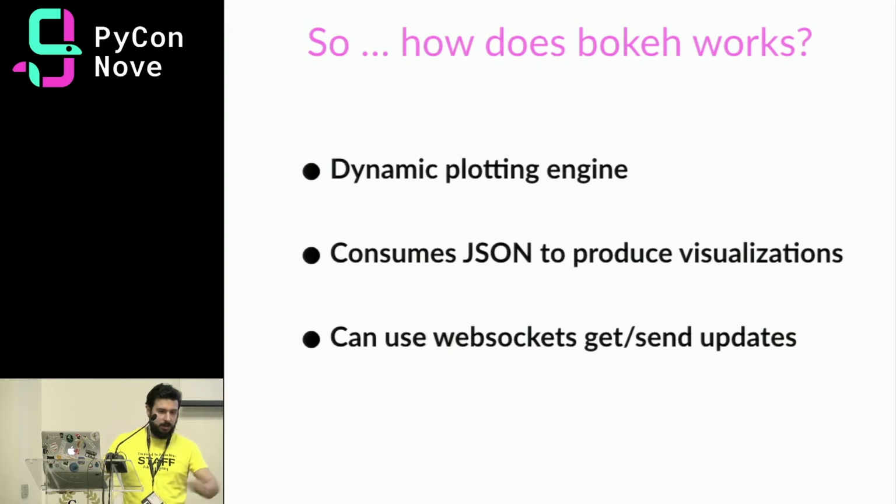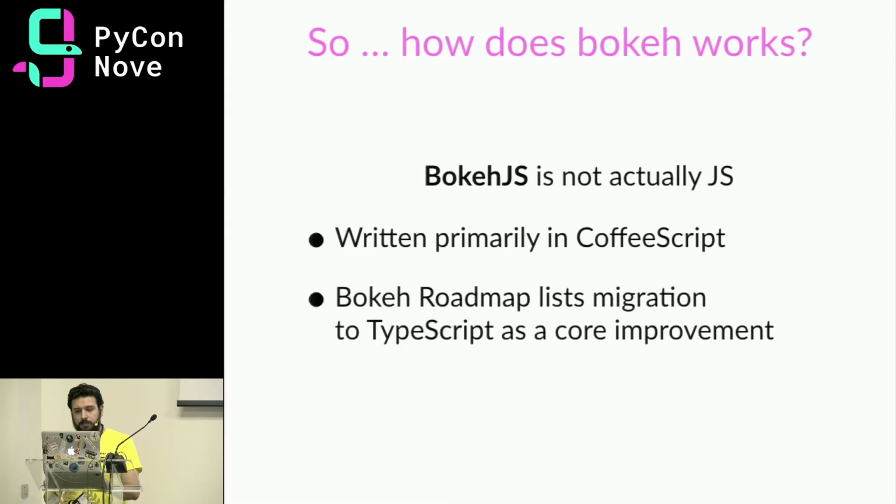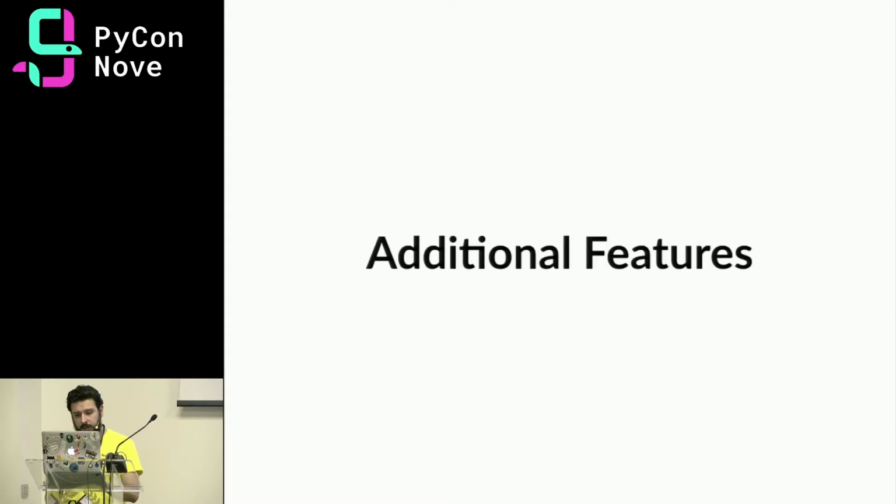So you can send data and then get data when you interact with the mouse, for instance, on the series or on the chart. It is not actually in JS, but the development is being converted from CoffeeScript to TypeScript.